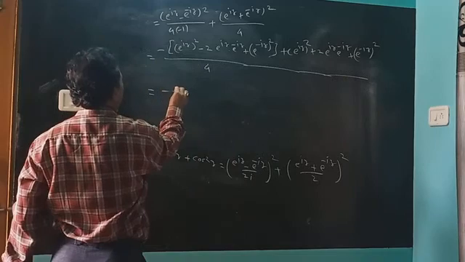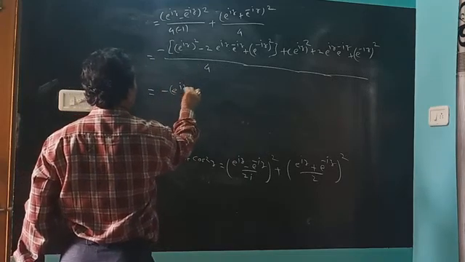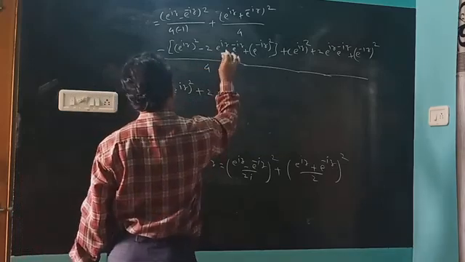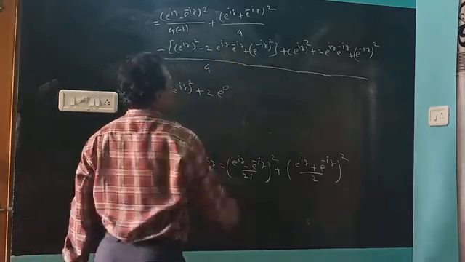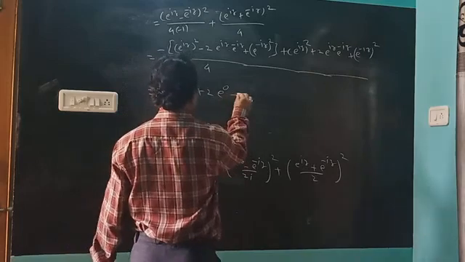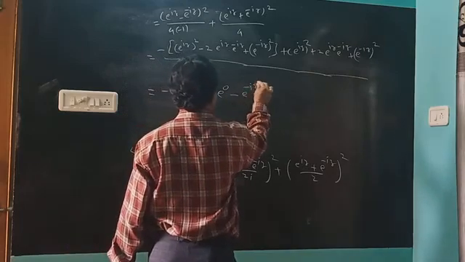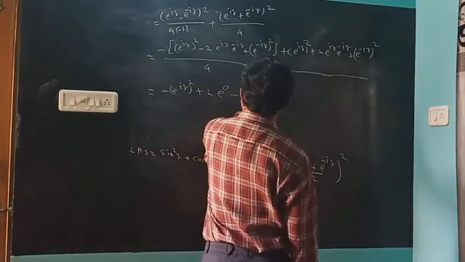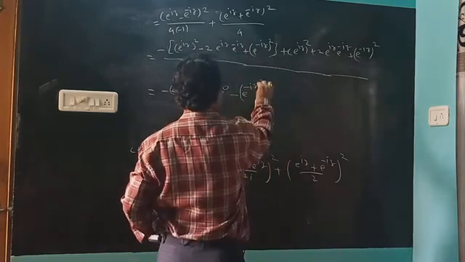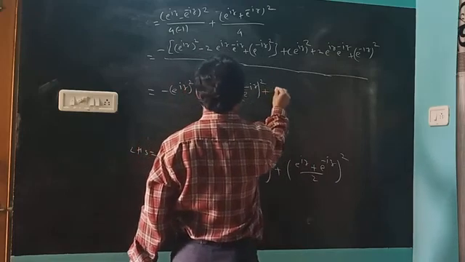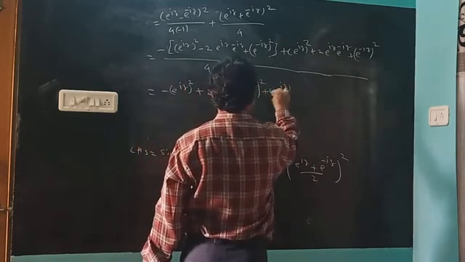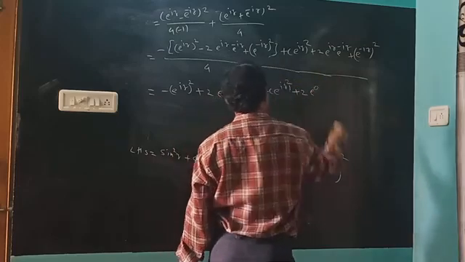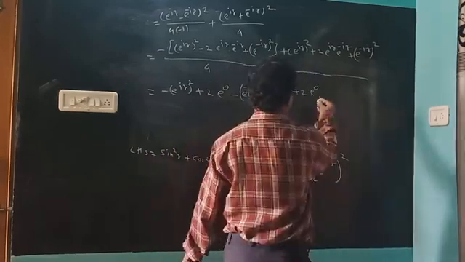So minus e raised to power iz whole square plus 2 times e raised to power iz e raised to power minus iz, minus e raised to power minus iz whole square, and this line plus 2 times e raised to power iz e raised to power minus iz, which is e raised to power 0, since iz minus iz.